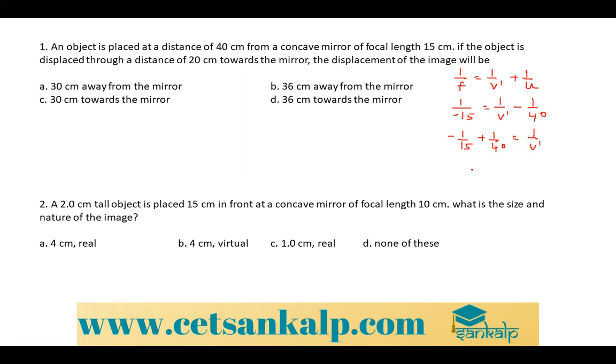So when solved, I hope it is -40 plus 15 divided by 15 into 40 is equal to 1 by v dash. It is 35, 35 divided by 15 into 40.